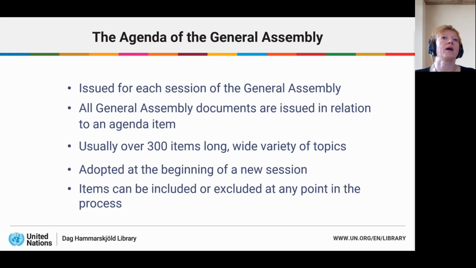And all the documents that the General Assembly issues are in relation to at least one agenda item. They can also be in relation to a variety of agenda items, but it is always in relation to at least one. The agenda is adopted at the beginning of a new session, but items can still be included or excluded at any point in the process.